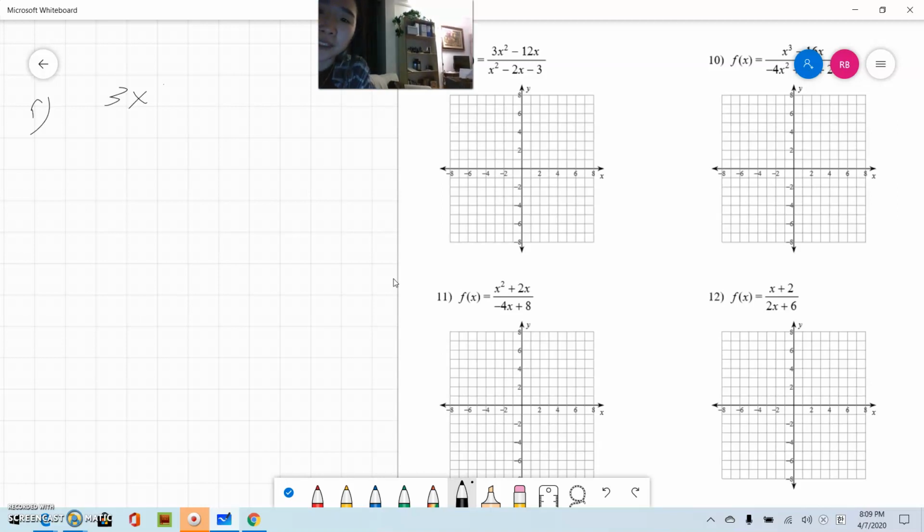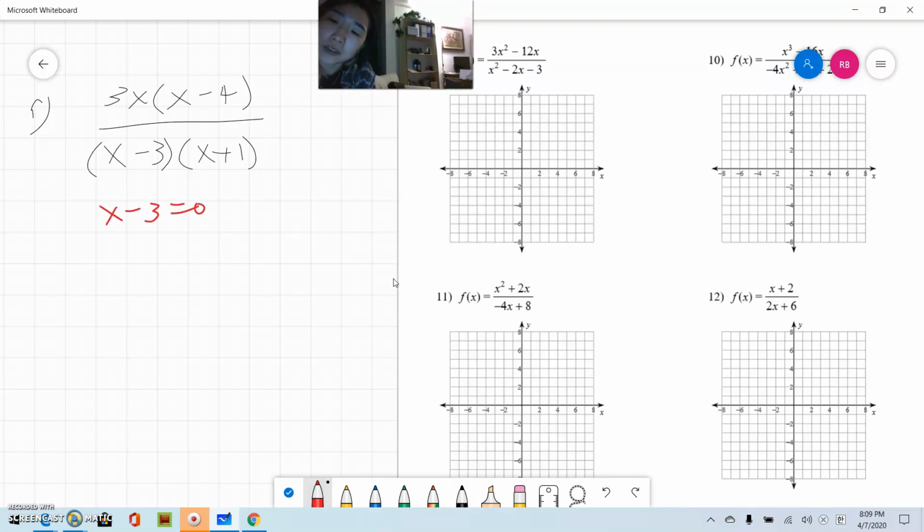So the GCF is 3x, so I need to have 3x outside. And then it's going to be two numbers that multiply to -3 but add to -2, so that's what it is. And then I'm going to find my vertical asymptote by setting the two factors in the denominator equal to 0.